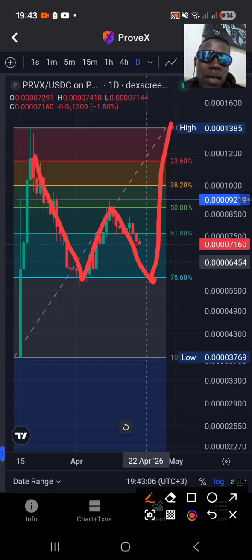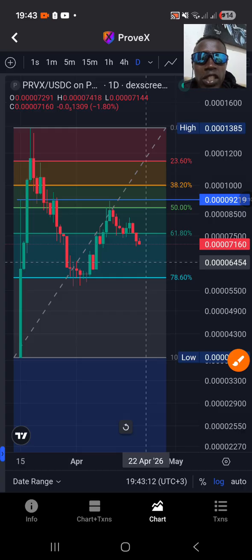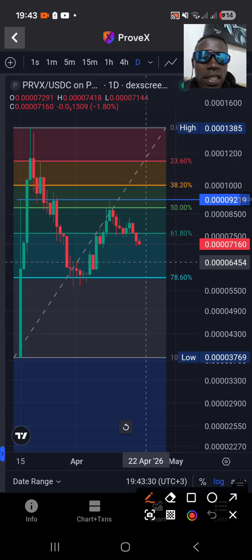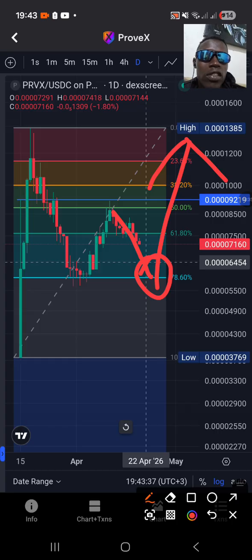This W is usually a very important price pattern, because it shows how price bounced or has gotten support at this level. It is again price accumulation, where price is accumulating at this point just to fetch enough liquidity so that it can continue moving up.